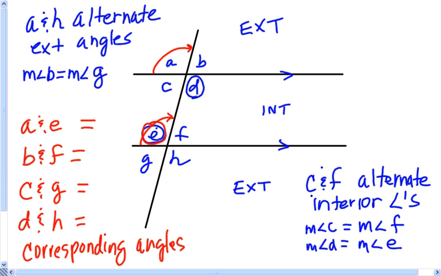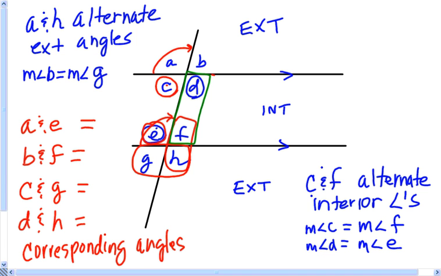One last thing you might notice: we know for sure that G and H are a supplementary pair because they make a straight line. Likewise, F and H would be a supplementary pair. And since F and C are the same, and C and D are a supplementary pair, that means angles that are on the same side of the line and on the interior, or the same side of the line and on the exterior, are supplementary.